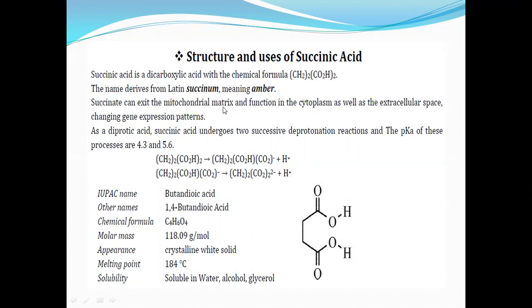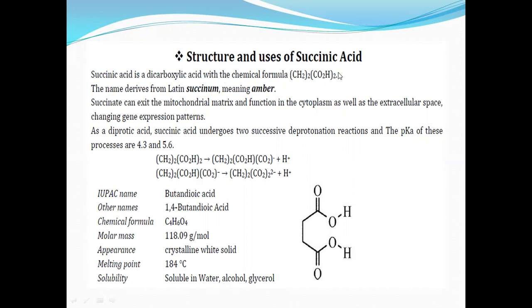It is formed when citric acid is converted in the fourth step into succinic acid, and the function of this succinic acid in the cytoplasm as well as in the extracellular space is to change the gene expression pattern. So a gene is going to express its functions as well as its characteristics. So the presence of succinic acid in the mitochondrial matrix is for changing the gene expression pattern.